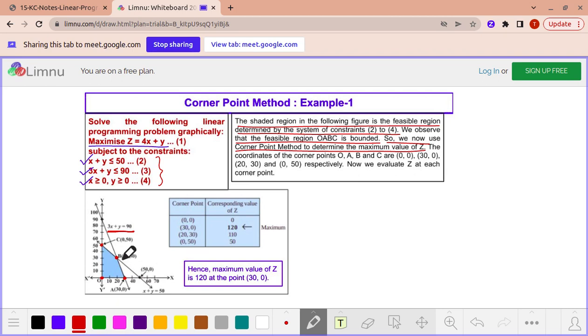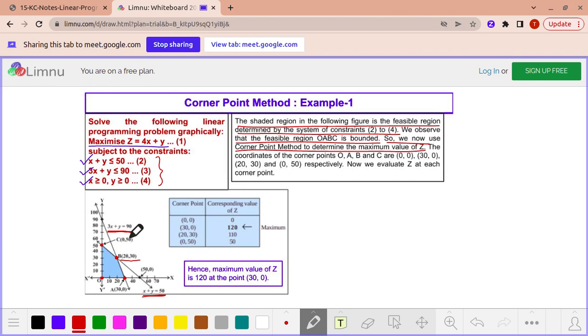Similarly, to find the coordinates of the point B, we need to solve these 2 equations, x plus y equal to 50 and 3x plus y equal to 90. If we solve these 2 equations, we get x equal to 20 and y equal to 30. So the coordinates of the point B are 20, 30. In a similar manner, we find the coordinates of the point C as 0, 50.